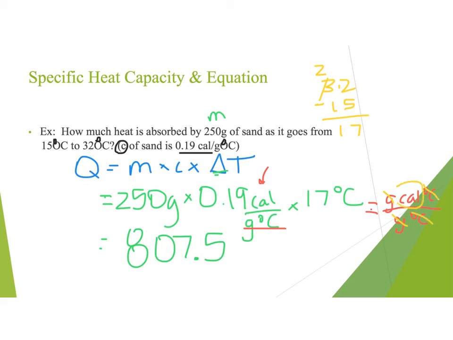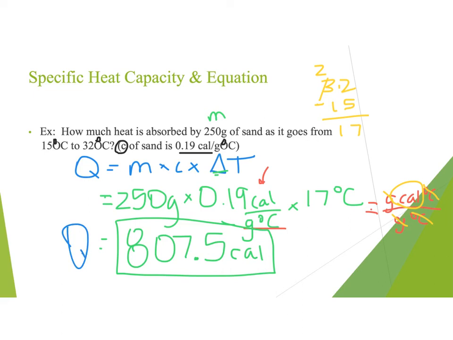Degrees Celsius cancels as well. What are we left with? We are left with calories, and that is our final unit. We'll circle or box our answer so the teacher knows exactly which one is the final answer. And there it is: 807.5 calories were absorbed by 250 grams of sand as it went from 15 degrees Celsius to 32 degrees Celsius.